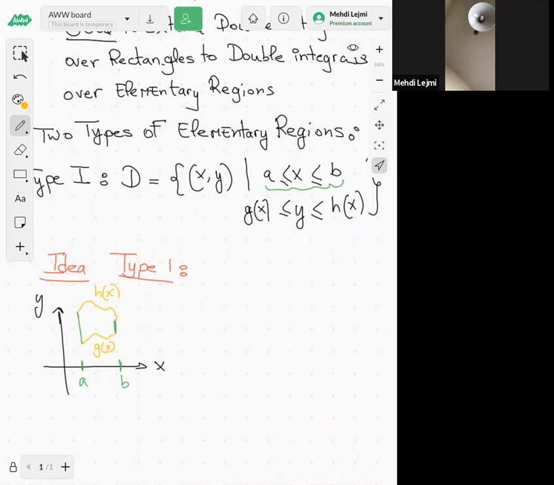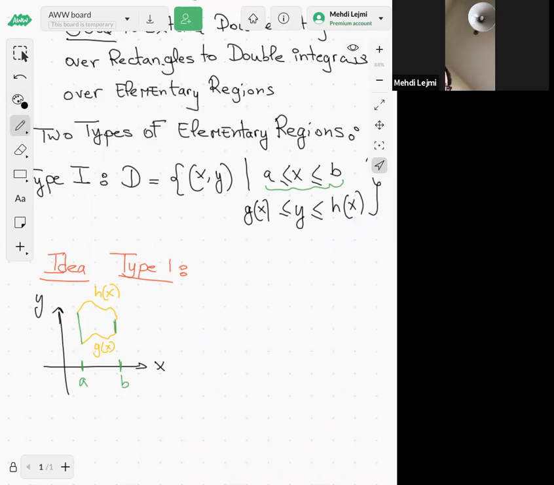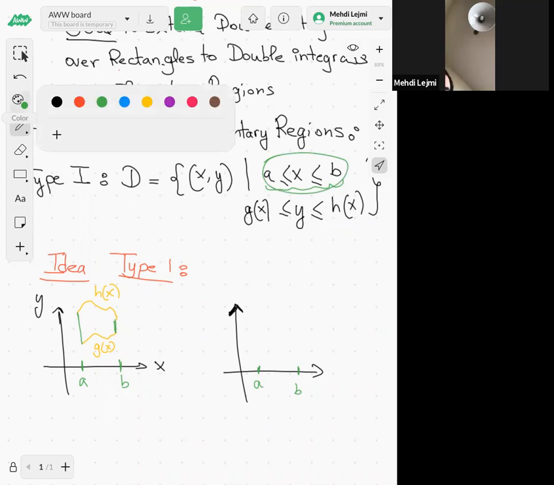Or instead of a segment, you can have just a point. So for example, another example of type 1 region is, again, you have a and b, because your x is between a and b.